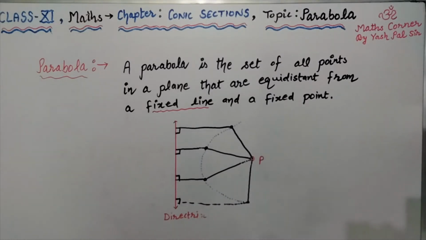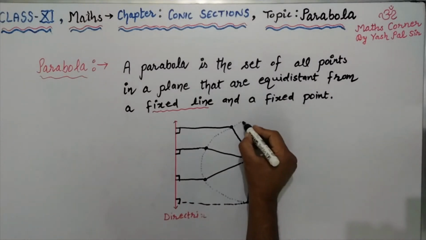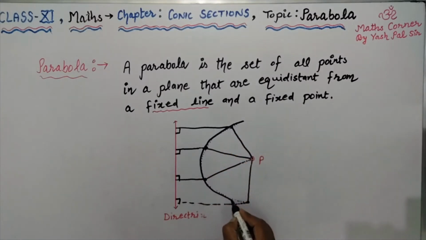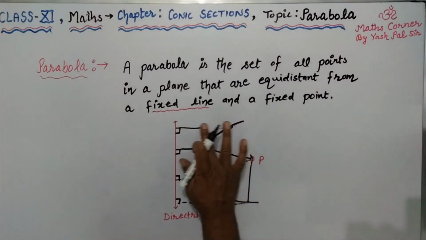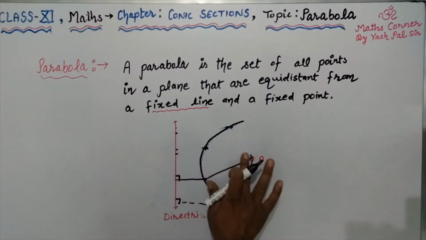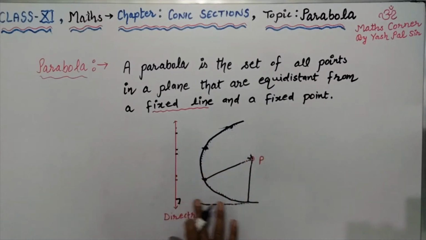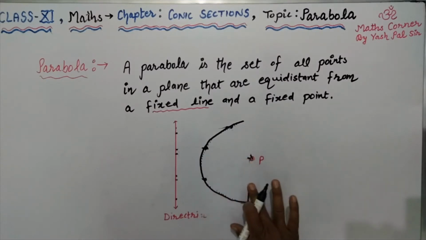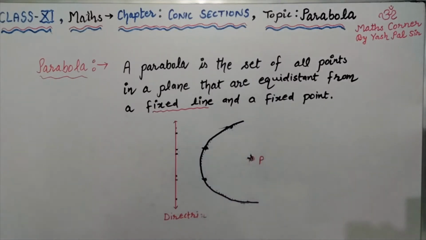Okay, so this way, this path which is described by this moving point joining all these set of points, this is called parabola. If we remove the sign of distance joining points, so this shape which is left is called the shape of the parabola.